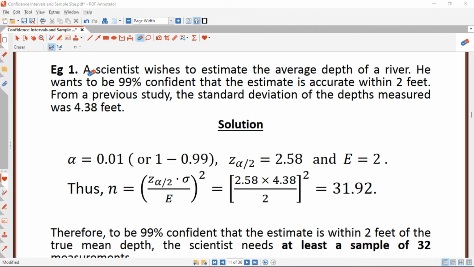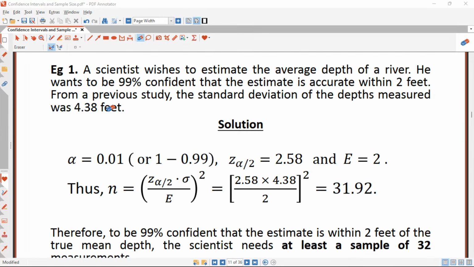Question 1: a scientist wishes to estimate the average depth of a river. He wants to be 99% confident that the estimate is accurate within 2 feet. From a previous study, the standard deviation of the depth measure was 4.38 feet.